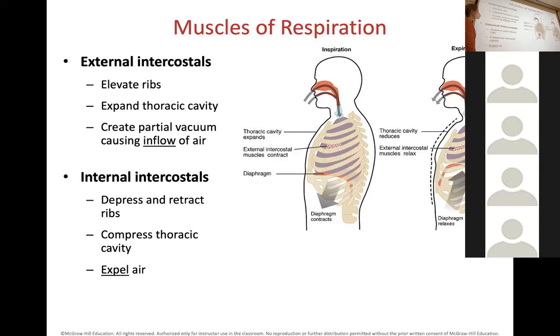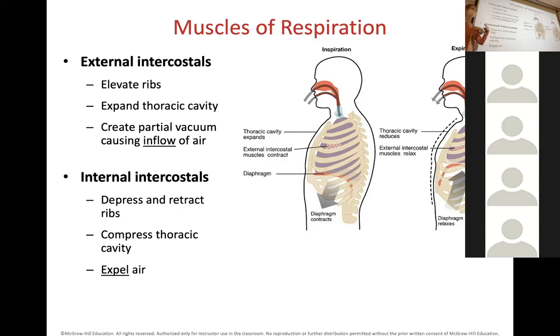Those are the externals. The internals essentially do the opposite. They're going to depress and retract your ribs and help expel air. So externals are involved in inspiration. It's kind of backwards sounding, isn't it? The external intercostals breathe in, inspiration. Internal intercostals expel air.